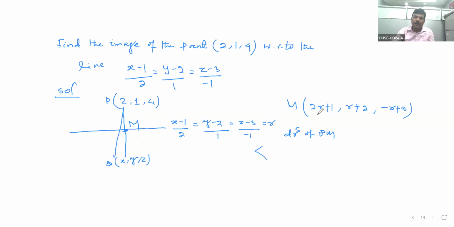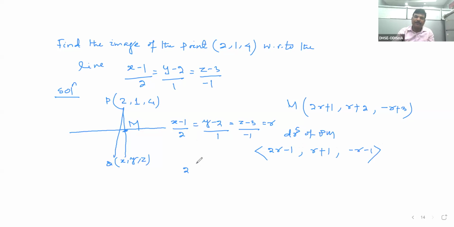are 2r+1-2, that is 2r-1, r+2-1, that is r+1, and -r+3-4, that is -r-1, and the DRs of the line are 2, 1, -1.